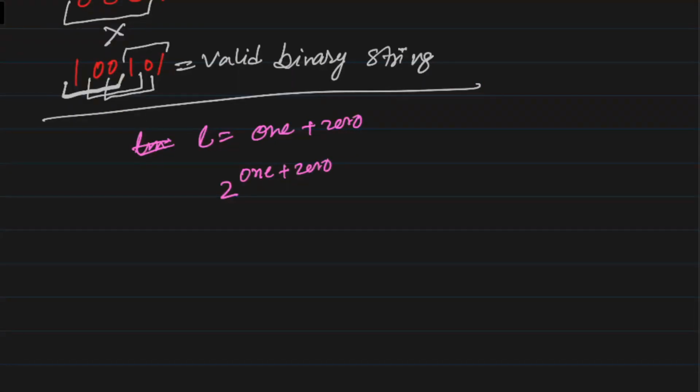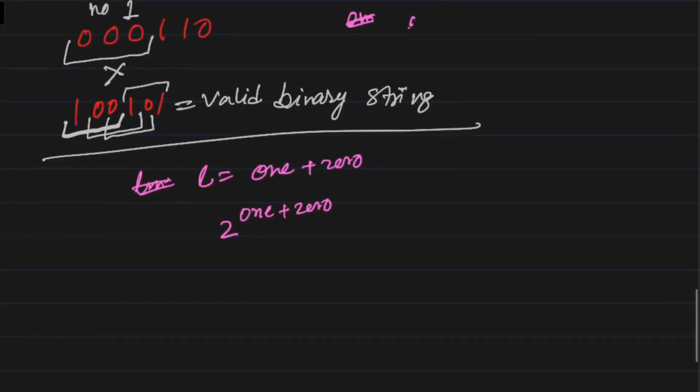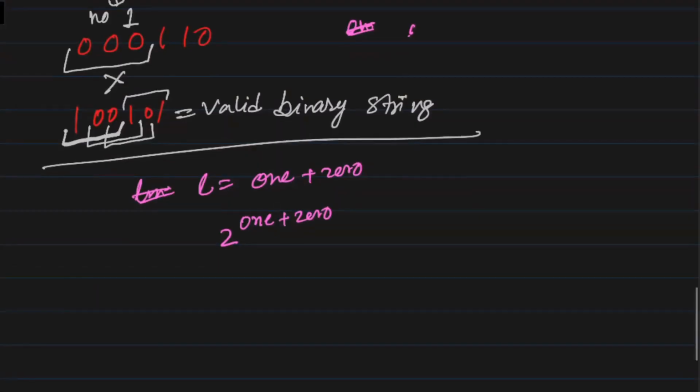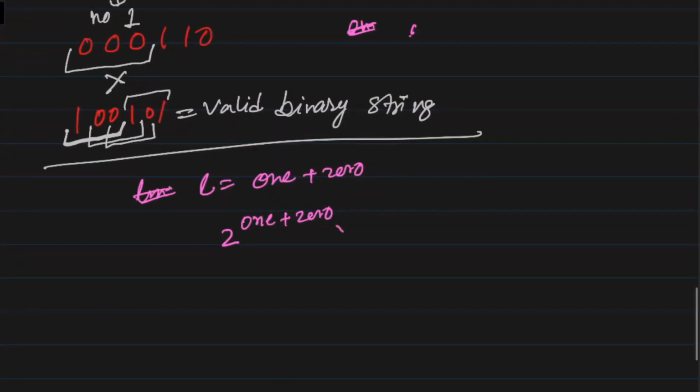Again, for each and every string, what I'm doing here is this sliding window operation, right? So for that also I have 1 plus 0 operations I'm doing.